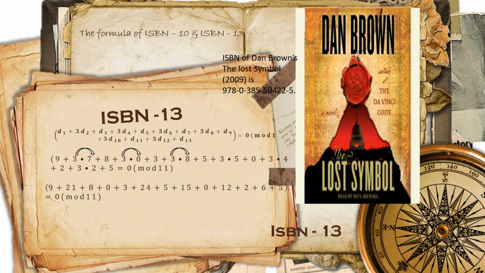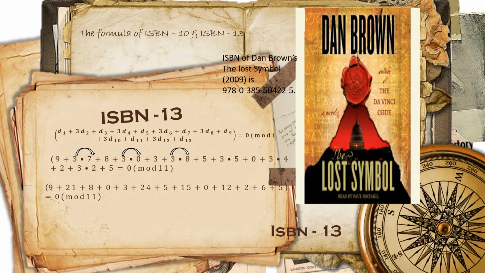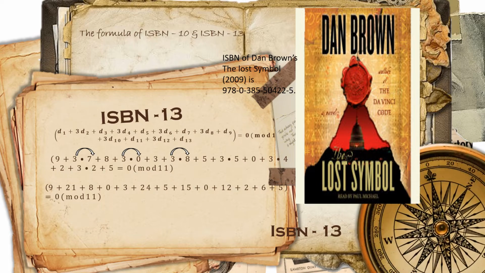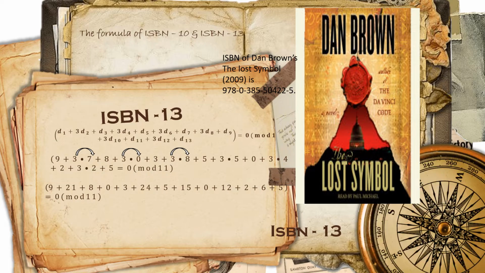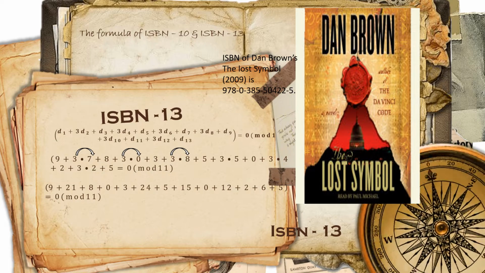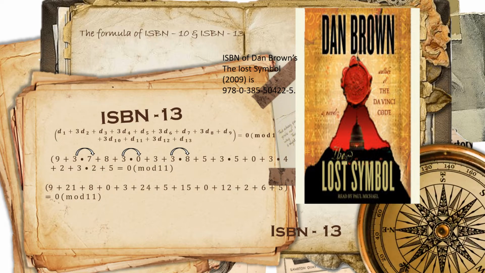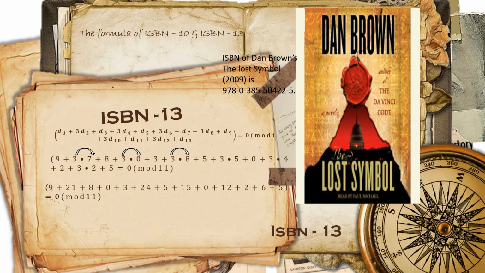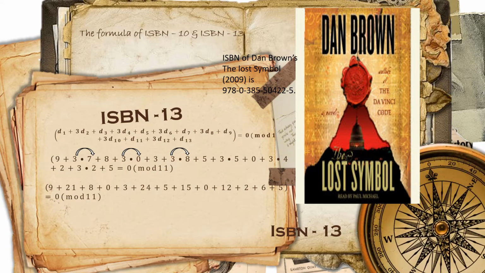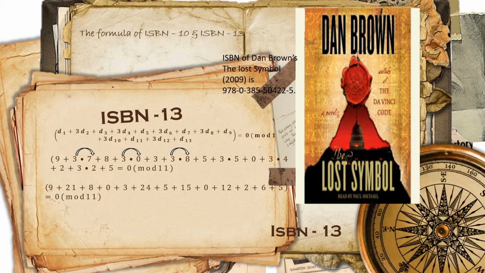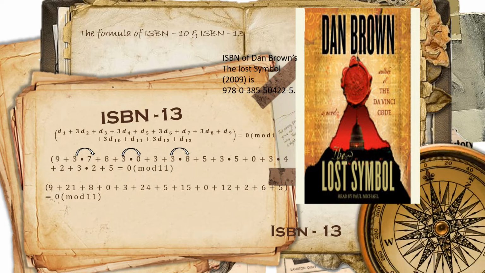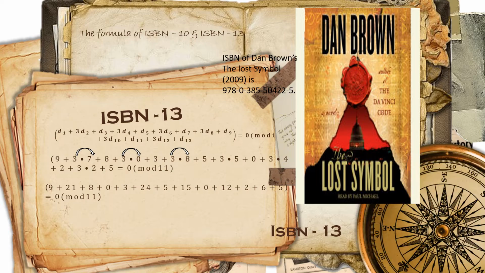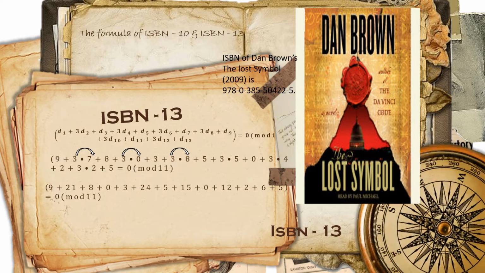So we will have 9 plus 3 times 7 is 21 plus 8, 3 times 0 is 0, plus 3 times 8 is 24 plus 5. Then 3 times 5 is 15 plus 0 plus 3 times 4 is 12 plus 2 plus 3 times 2 is 6 plus 5 is equal to 0 mod 11.